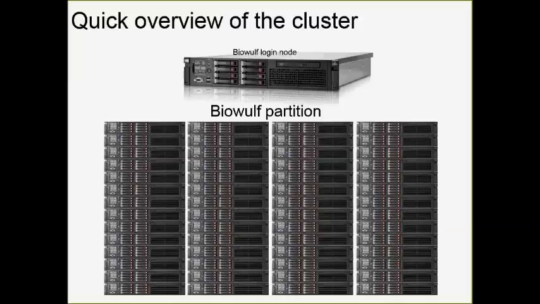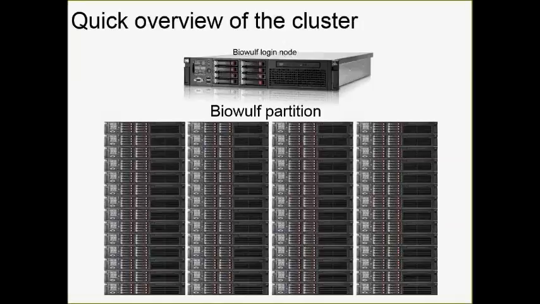There are several different partitions. If you just submit your job normally, it'll go to the norm partition. There's also the B1 partition, which is made up of compute nodes that we've reclaimed from the old iteration of Biowulf. There's a quick partition for jobs that move quickly, and a large memory partition. Some of you might have access to other partitions that your center has bought into. If you're an NIMH person, you've got your own partition.